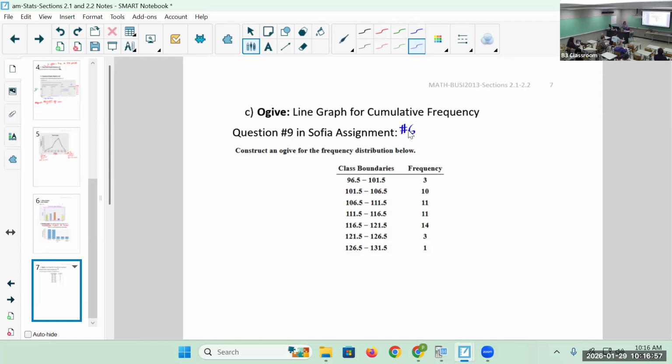But I want you to work with this by hand because a lot of times you have to calculate this. So by the way, an ogive is a line graph for cumulative frequency. So technically, you're given the frequency here, but you should find the cumulative frequency.